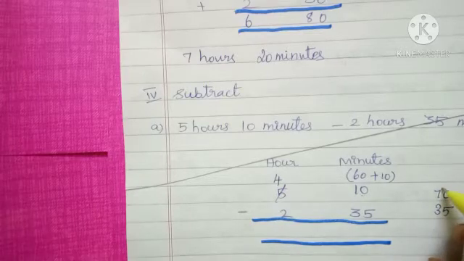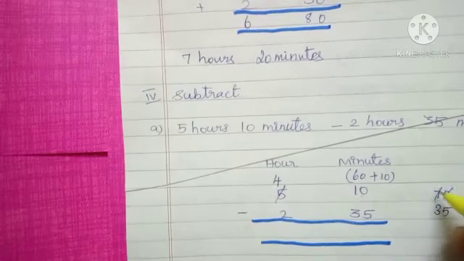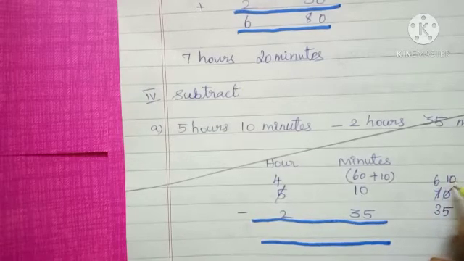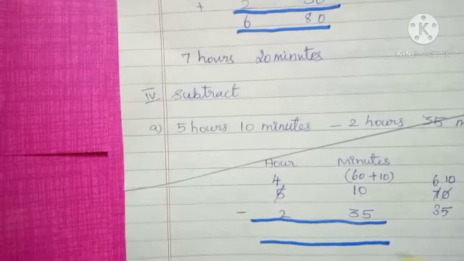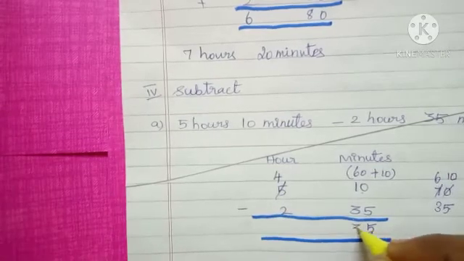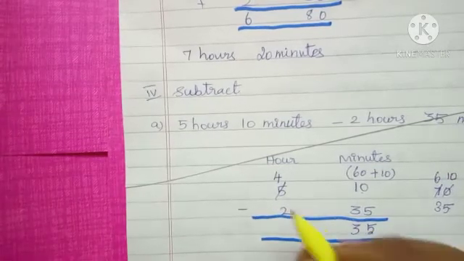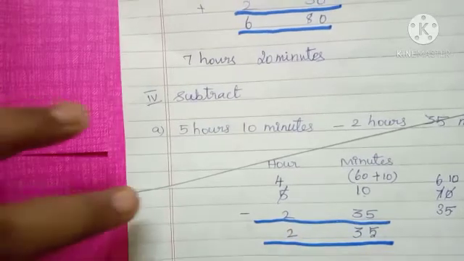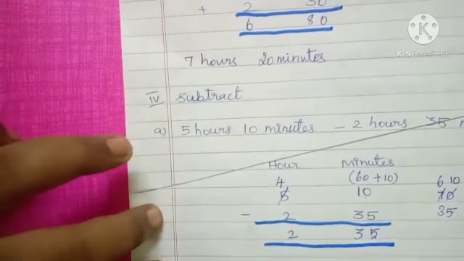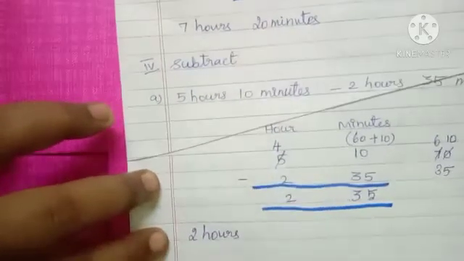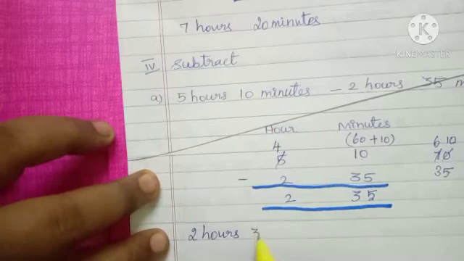So 0 is not possible to do, so this is 6, this is 10. So 10 subtract 5, 5. Next 6 subtract 3, 3. Then next one 4 subtract 2, 2. So say the answer now: 2 hours 35 minutes.